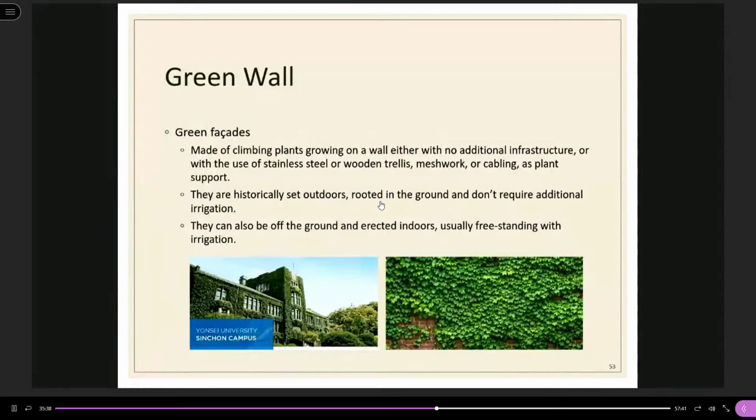And they don't require additional irrigation, because it is growing on the exterior and the plants are rooted in the ground. Just natural rain will provide enough irrigation. They can also be off the ground and erected indoors, usually freestanding with irrigation. So for interiors, we need irrigation.